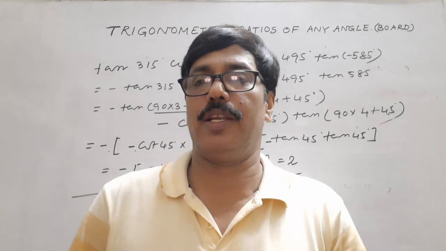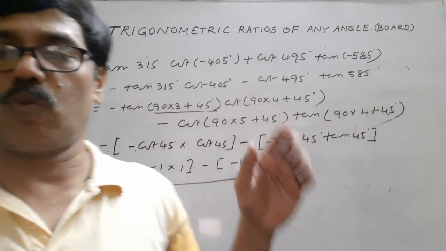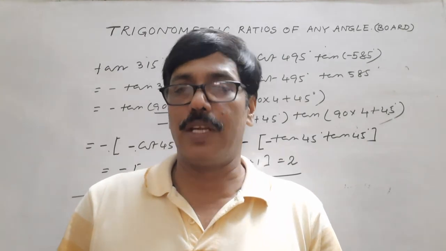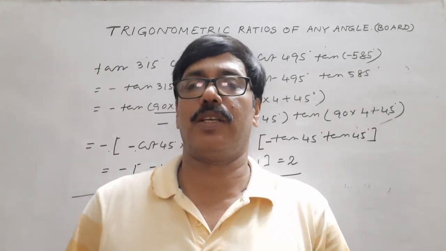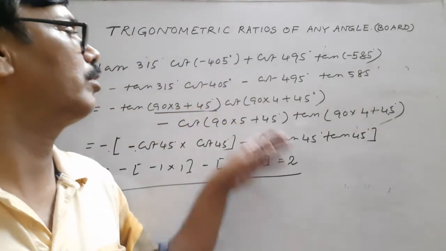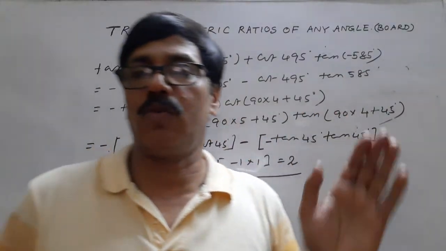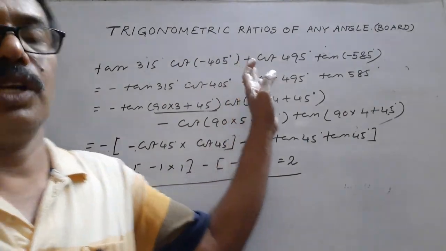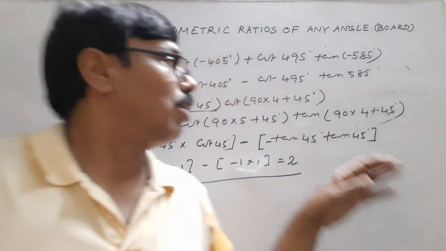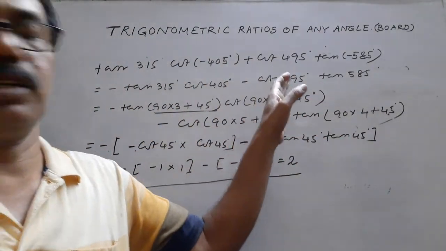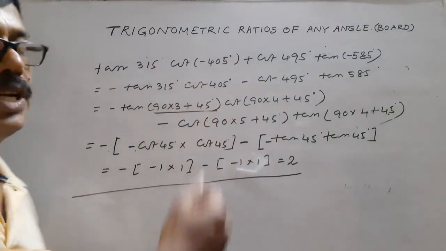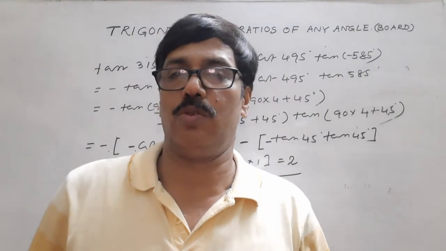To find them, you have to know what a quadrant is, trigonometric ratios of negative angles, the all sine tan cos rule, and how to convert trigonometric ratios of any angle into an acute angle by using rule 1 and rule 2.